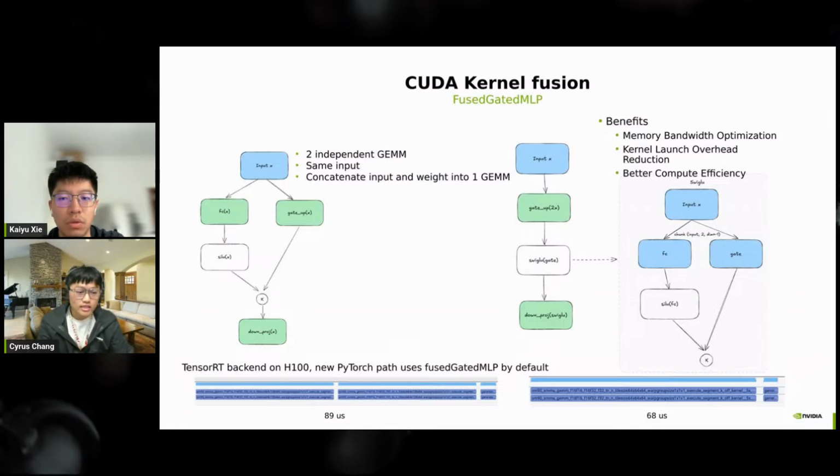So we are saving about 20 microseconds, which is around a 20% speedup from this fusion. These screenshots from Nsight are based on the old TensorRT backend on the H100 GPU. Now TensorRT-LLM has the new PyTorch backend path, where we already apply this fused gated MLP fusion by default.